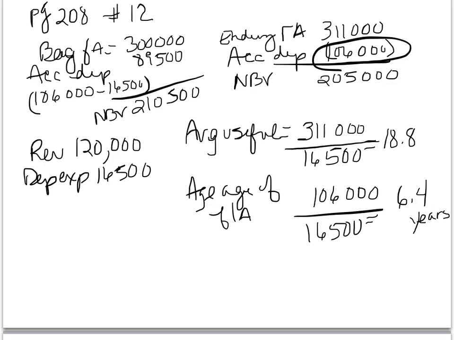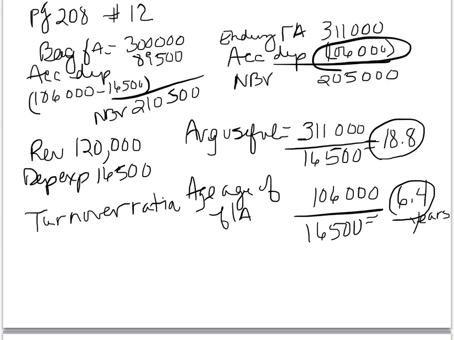And what this tells us is that our average useful life of our assets is 18.8 years, and currently our assets are at least on average 6.4 years old. Now in this problem, if we wanted to do the turnover ratio, which they also ask us for, we would take the sales of 120,000.